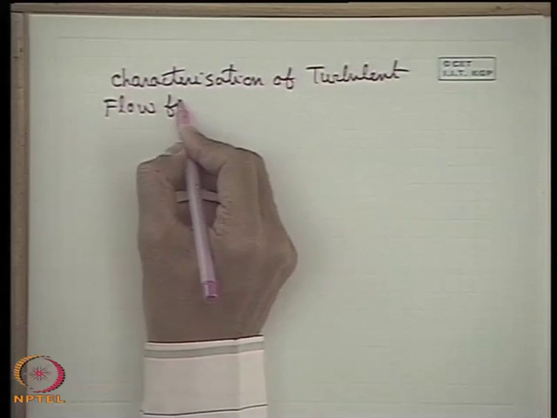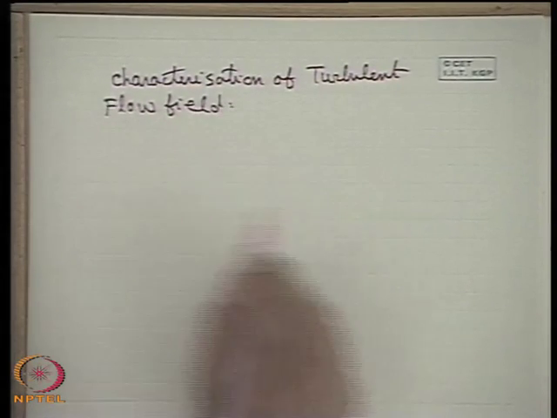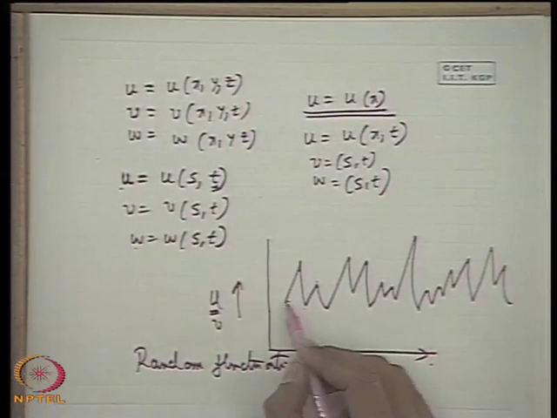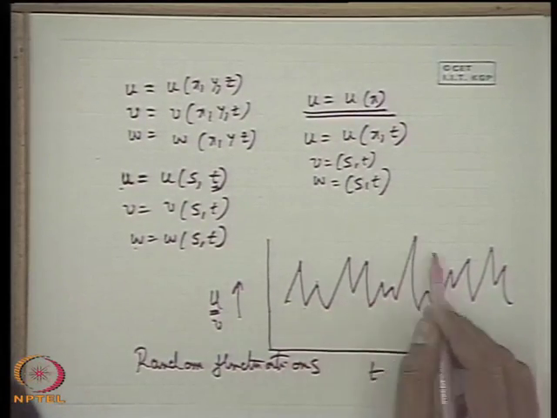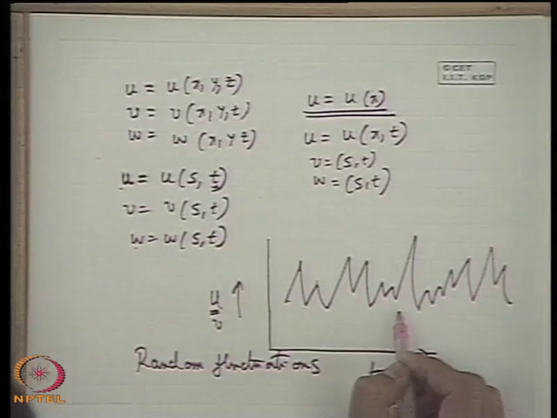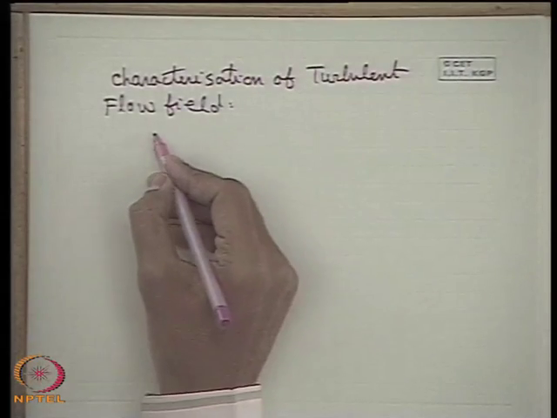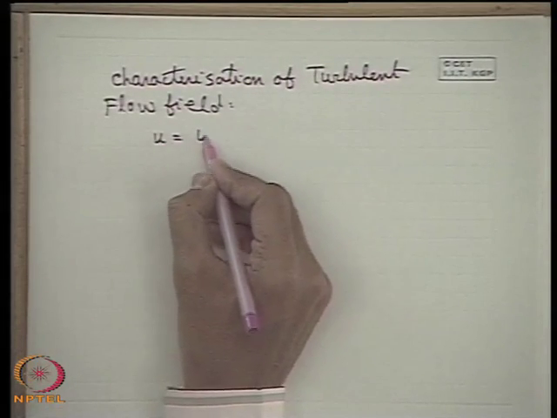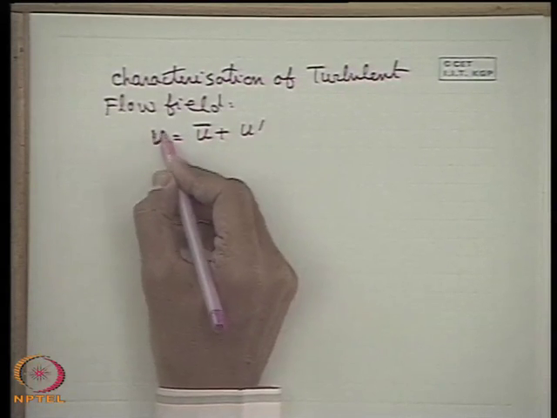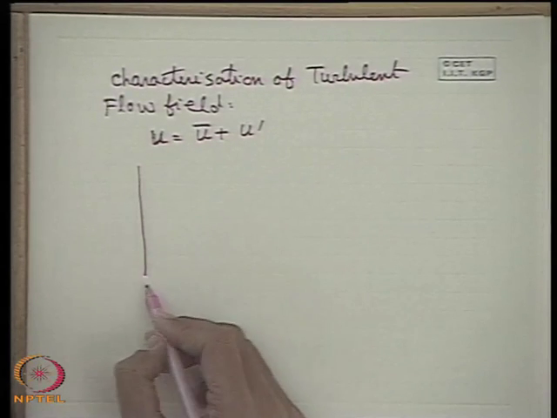Now, it was Reynolds who first guessed and found from experiments that these random fluctuations are such that they can be expressed as a mean plus a fluctuating component. That means, for example, the u component of velocity can be expressed as a mean component plus a fluctuating component.